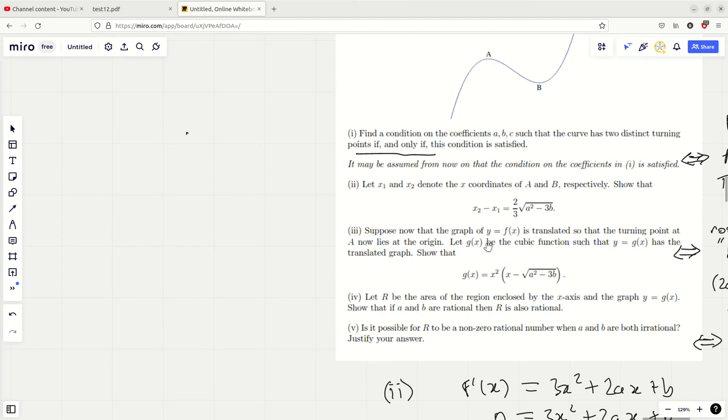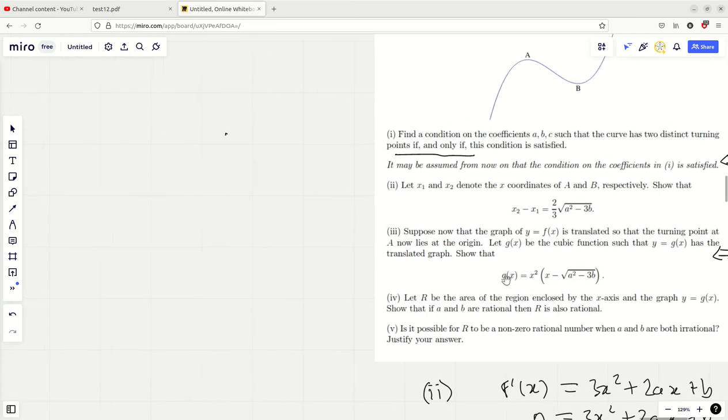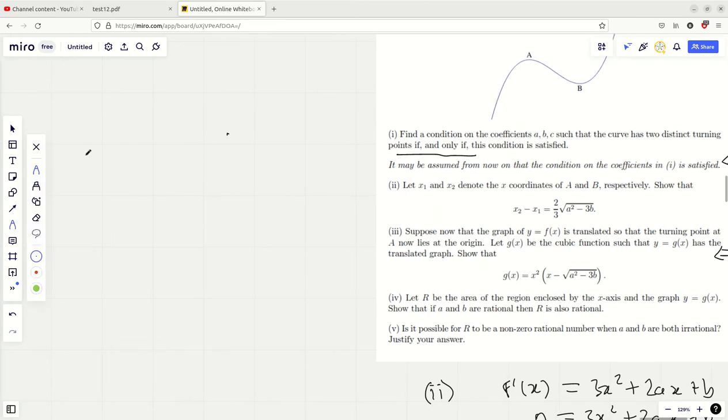Well, that means it has a repeated root at the origin, which is exactly what g of x is showing, and that's why I eventually went with this approach.